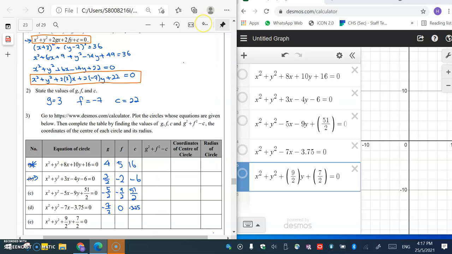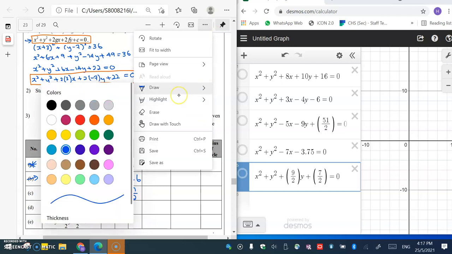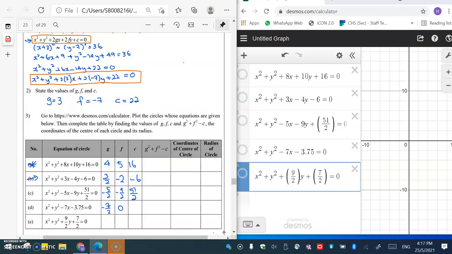Or maybe let me change this to fractions so that it's easier for all of us to see. Negative 3.75 means negative 3 and 3/4. If it's negative 3 and 3/4, we are talking about negative 15 over 4. And then this one doesn't have a coefficient of x. There's no x there per se. So my g is 0. And then my f now is 9 over 2. I have to further divide it by 2, so this is 9 over 4. And then my c essentially is 7 over 2.